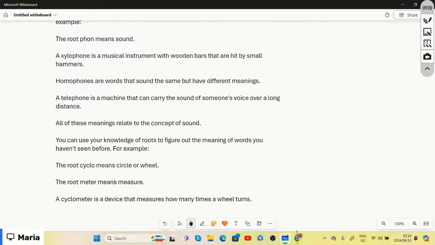And then you can also use your knowledge of roots to figure out the meaning of words that you haven't seen before.